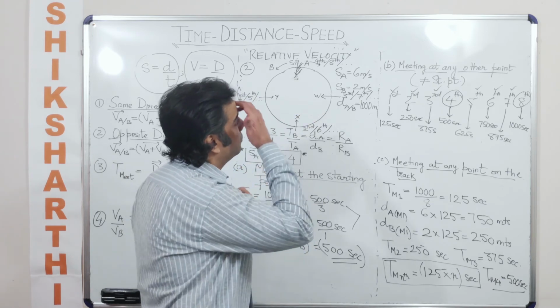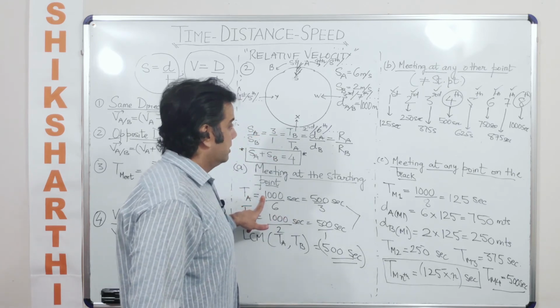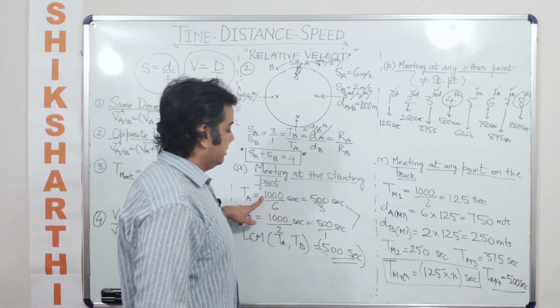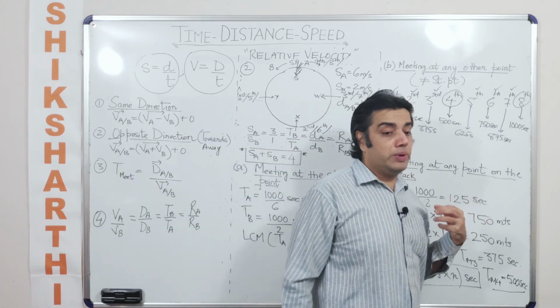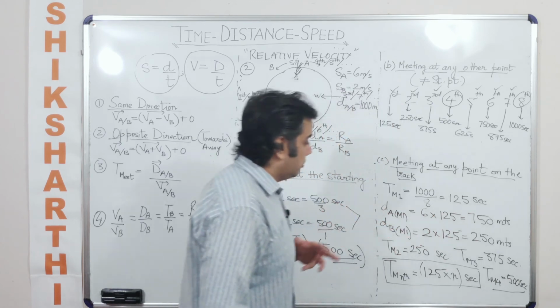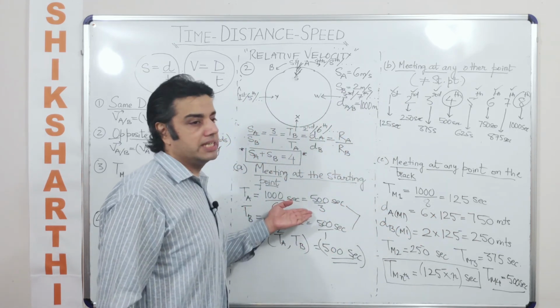Because A runs one full round in how many seconds, as we have calculated this. So now if A has to run 125 seconds, let's say, how many rounds would be taken by A in 125 seconds, which you can always get from here.